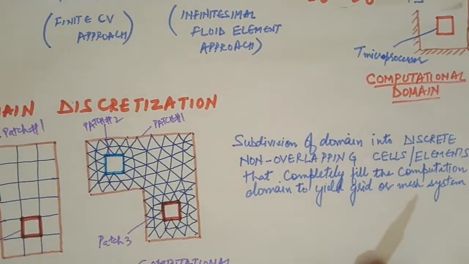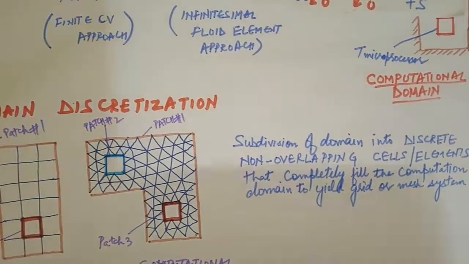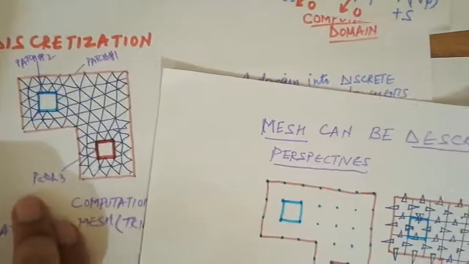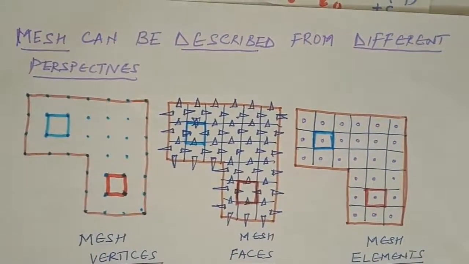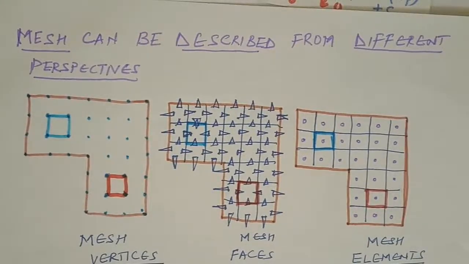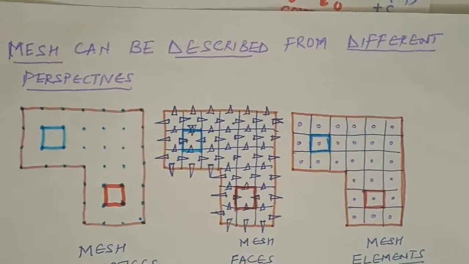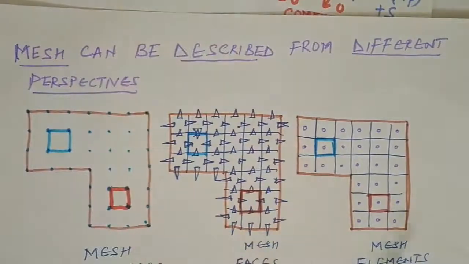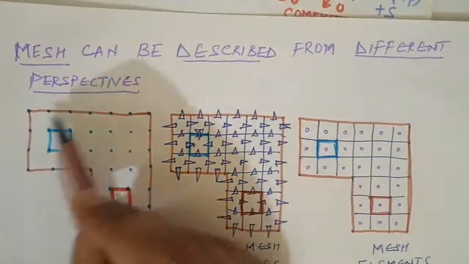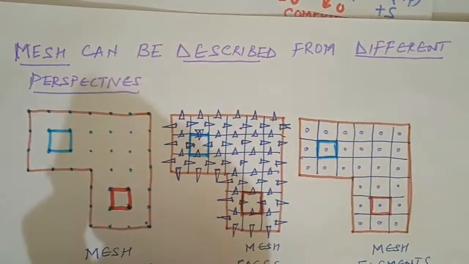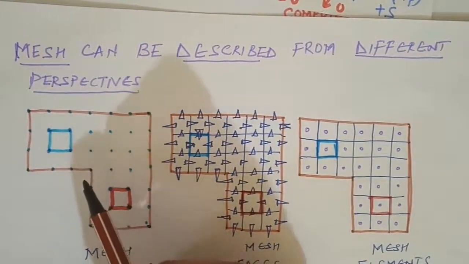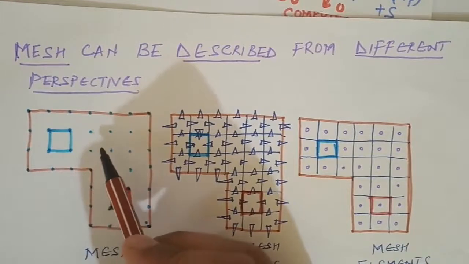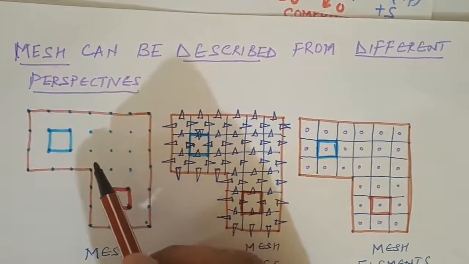Now we have discretized the domain. This domain discretization can be thought of from three different perspectives. Either you discretize the domain and you say that you want to find out the variable value which you intend to find.